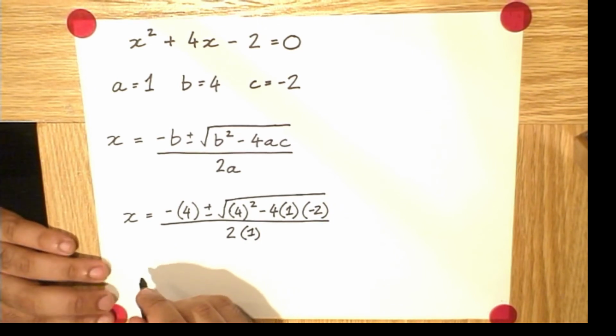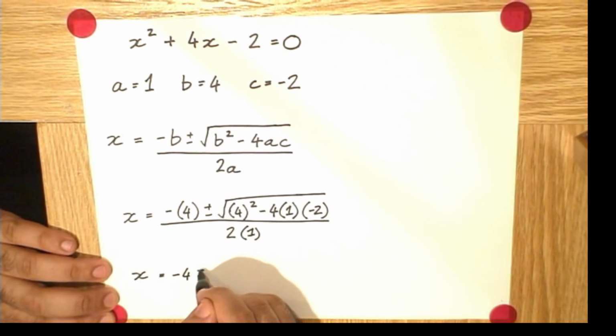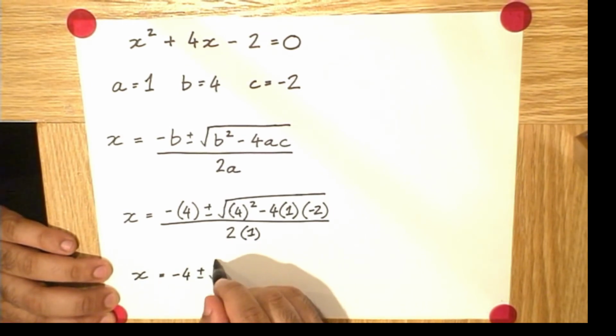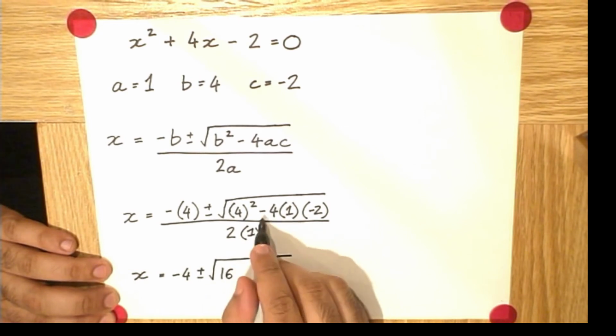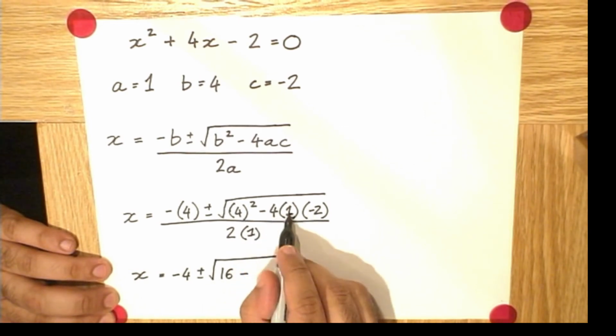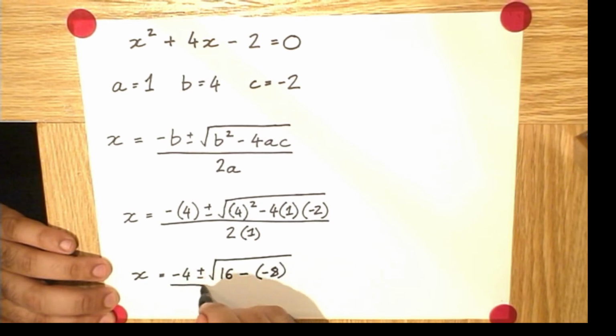Now let's simplify this. X equals -4 plus or minus square root of 4 squared is 16 minus 4 times 1 times -2 gives us -8, all divided by 2 times 1 is 2.